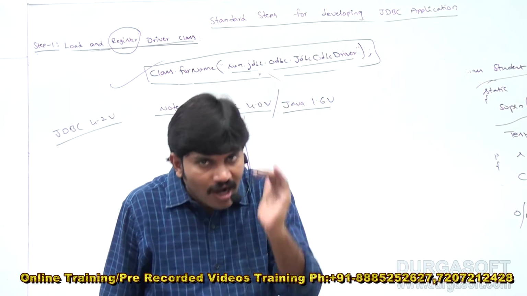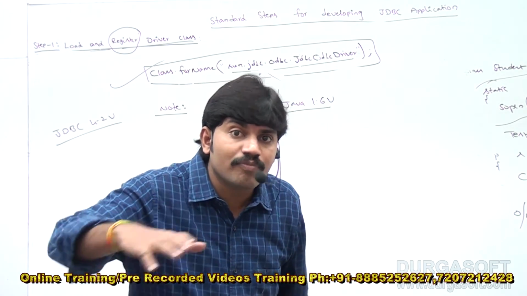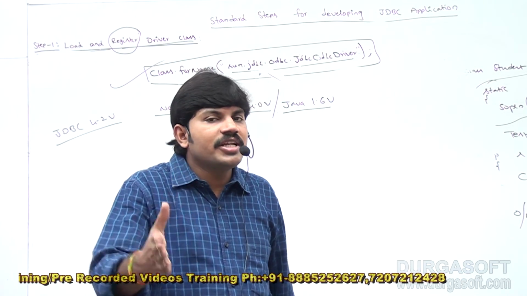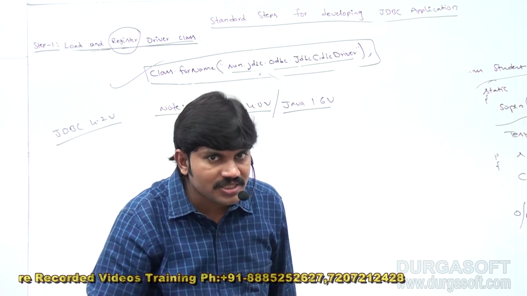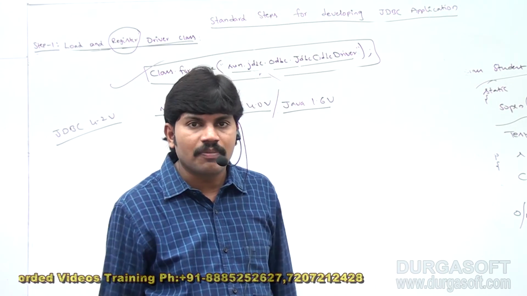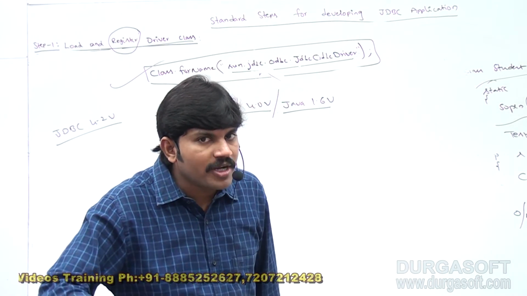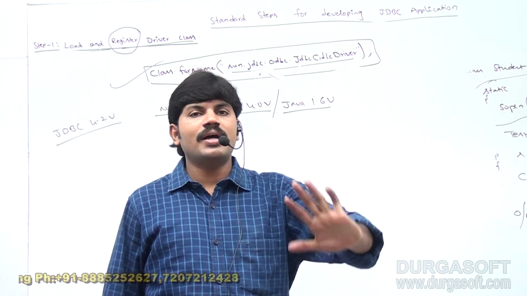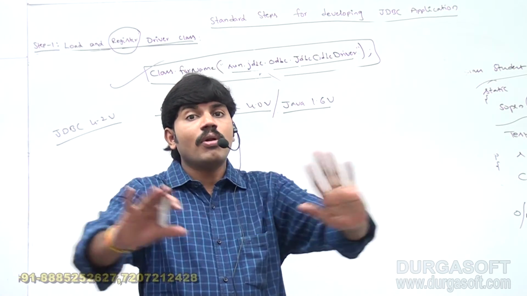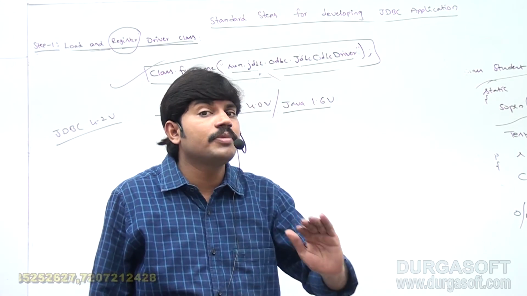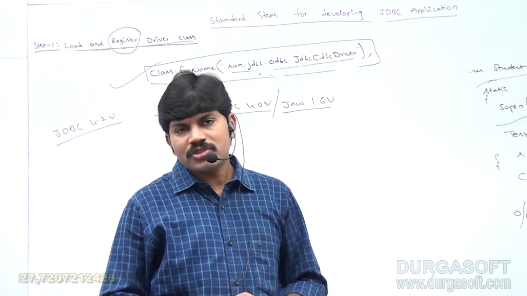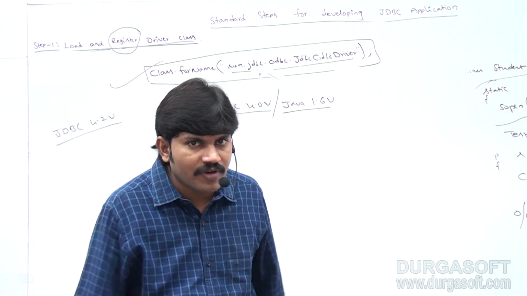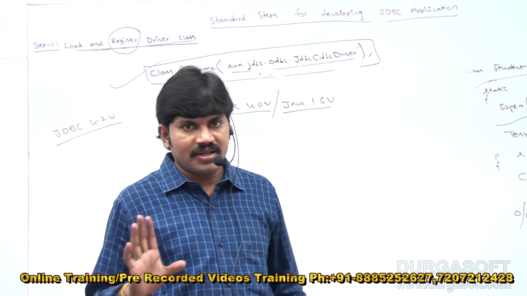Until JDBC 4.0 version, 6 steps were there to develop a JDBC application. From JDBC 4.0 version onward, that first step we can remove. Load and register driver class is no longer required from JDBC 4.0 version onward. Most of the people don't know about this concept. That's why they always start with Class dot forName, which is really not required. Clear for all of you, right?